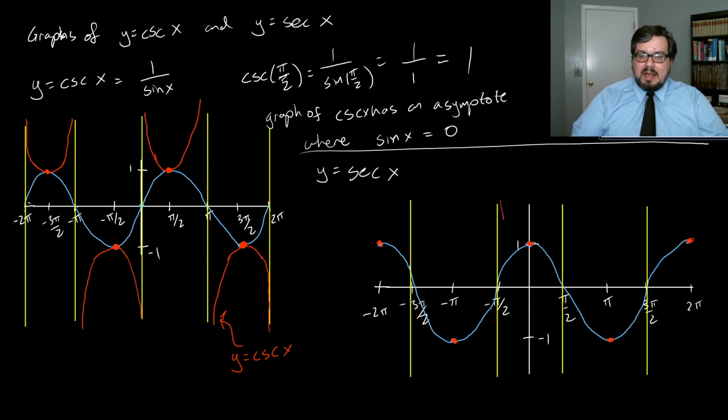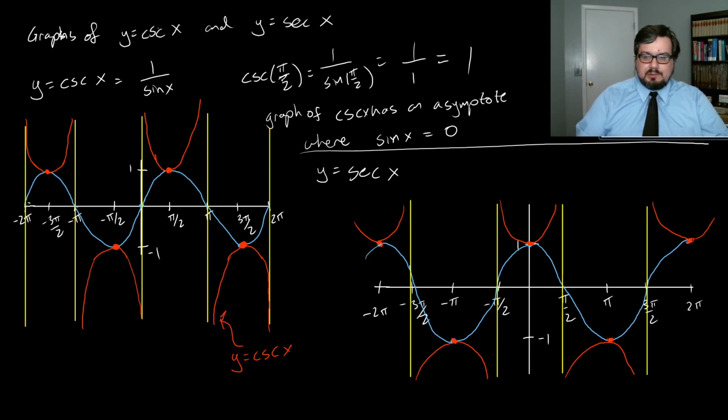And then the graph of secant is going to look like this. So here's how we work out the graph of y equals secant x.